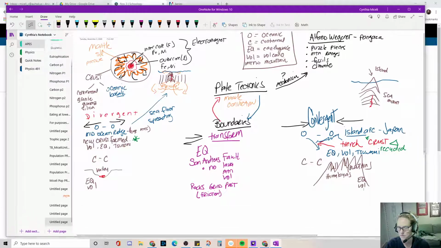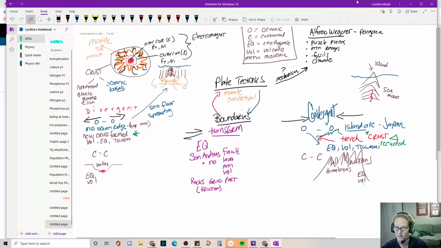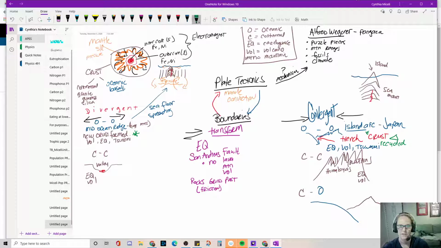we get, trying to make this a little bigger, is we get continent to ocean. So what happens is the ocean dives down underneath the continental crust, which kind of buckles up from the pressure. And we have a trench here as well, where we also get to recycle our crust.